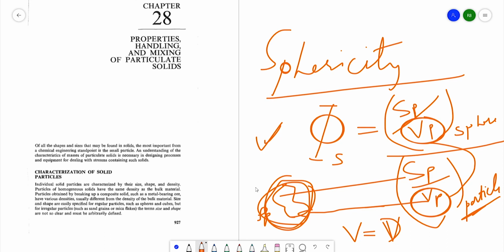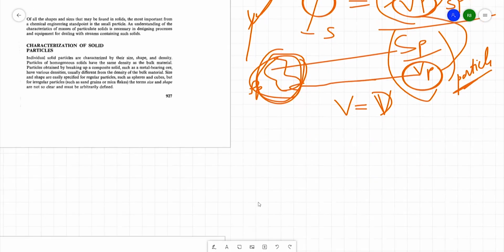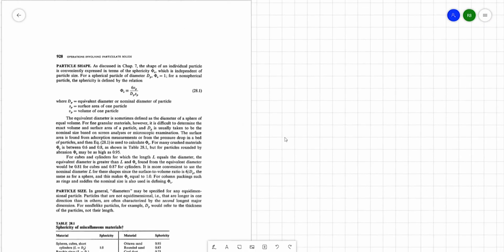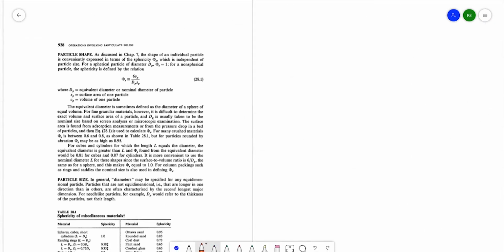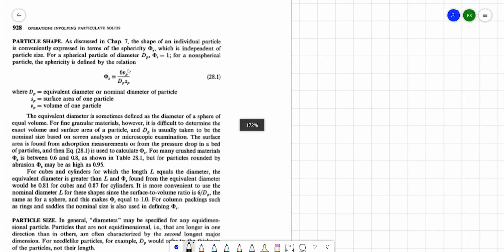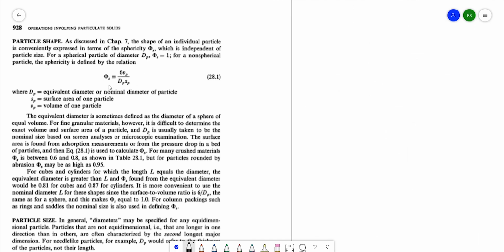If we move down, we can see it. We have a PDF here. This is the definition of sphericity. What is SP? Surface area of one particle. What is VP?